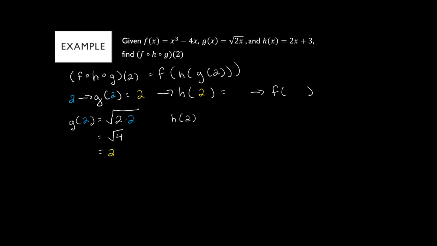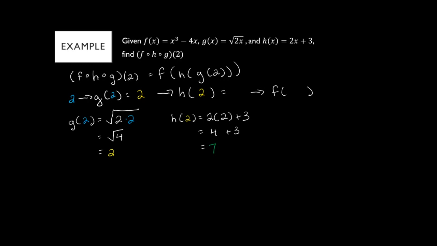So h of 2 is going to be 2 times x, so x is 2 here, so it's times 2 plus 3. So 2 times 2 is 4 plus 3. This gives us 7. So I plugged in the yellow 2, got an output of 7.